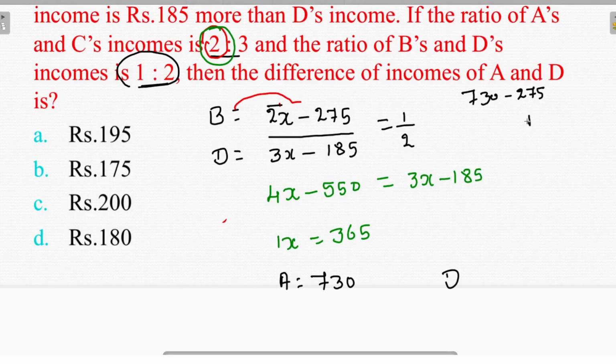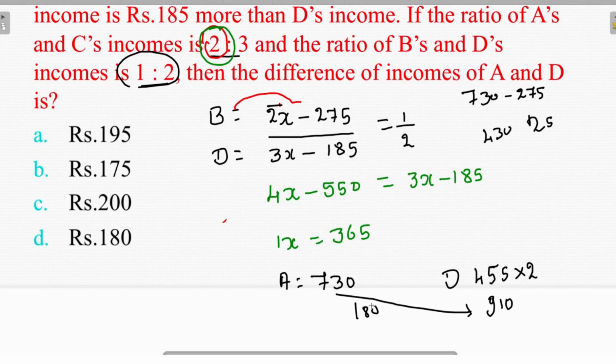That will be 455. Double 455, because D is double. That will be 910. The difference will be 180. So your answer will be 180.